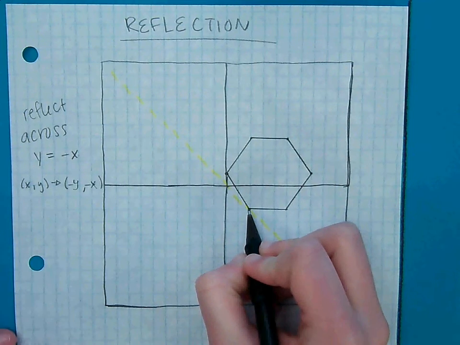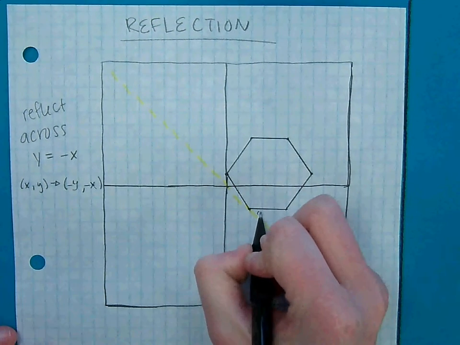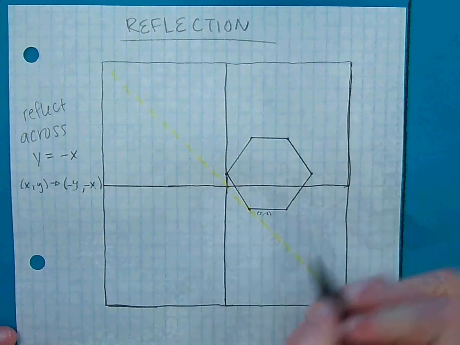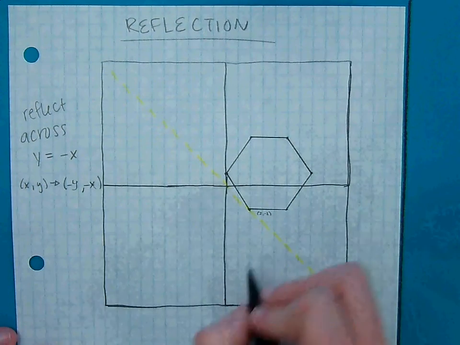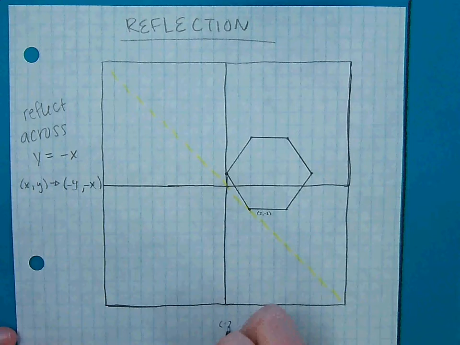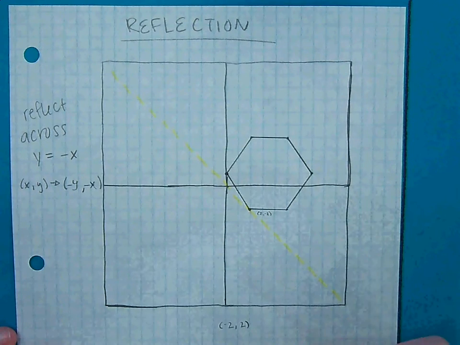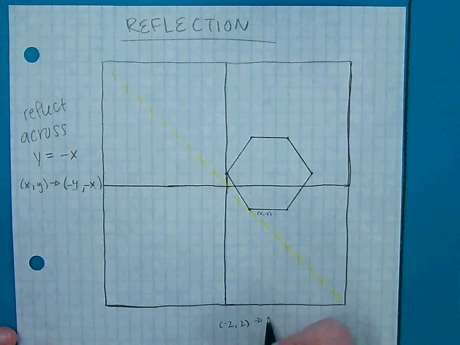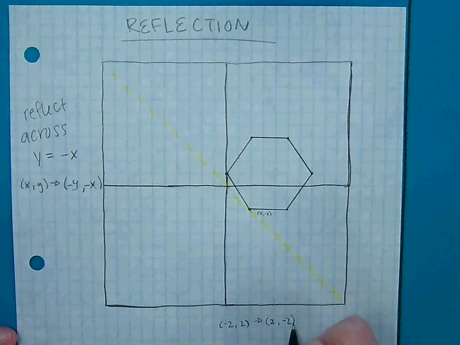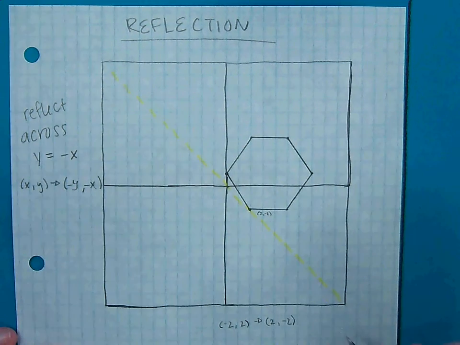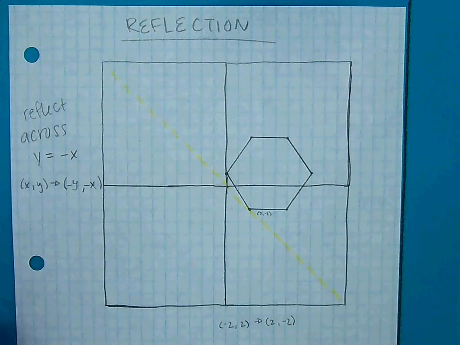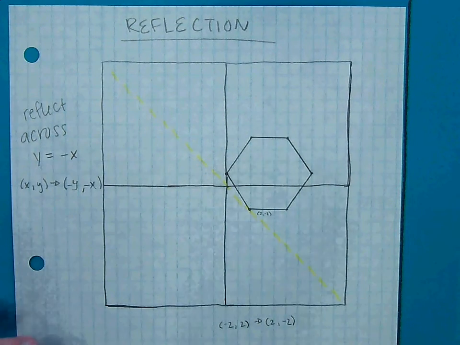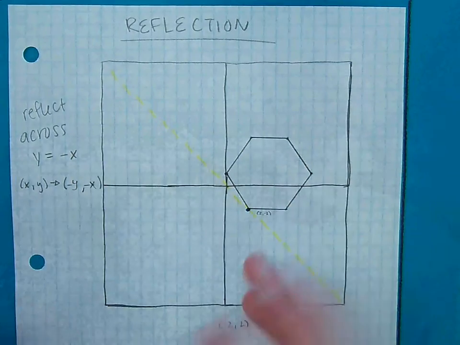In order to change it, we flip it the other way, so it's going to be negative 2, 2, but then you also have to change its signs. So then that's 2, negative 2. So it's pretty much staying the same. That might not have been a good example. So we'll go ahead and mark that point, and then we'll do one other point to show how it changes.